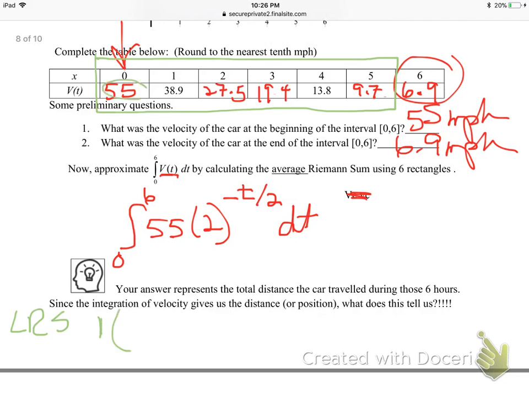Then I'm going to pick 55, 38.9, 27.5, 19.4, 13.8, and 9.7. And I'm going to sum them up. So I'm just going to call that the sum. That symbol means sum. And when I do that multiplication, I am getting 164.37. So you should get about that, assuming that I've rounded correctly and that I only took things to the nearest tenth initially.